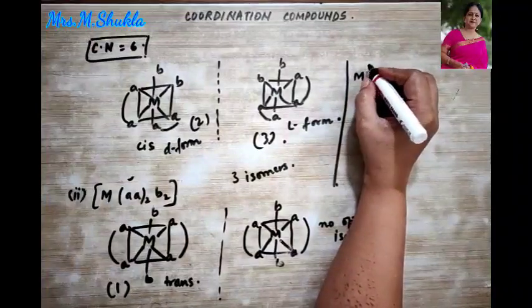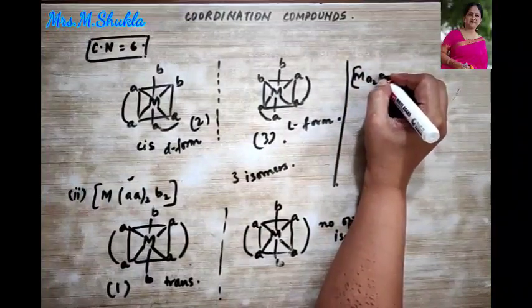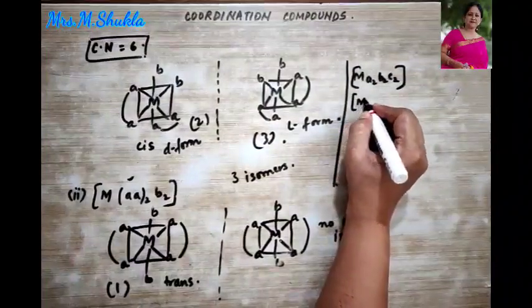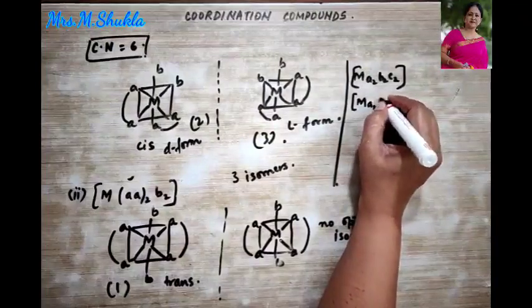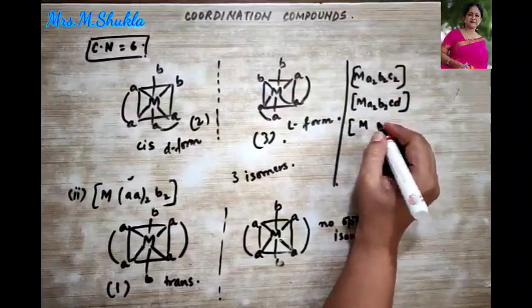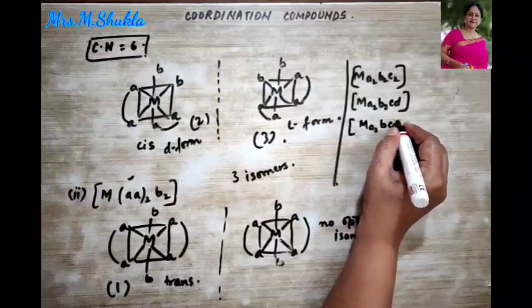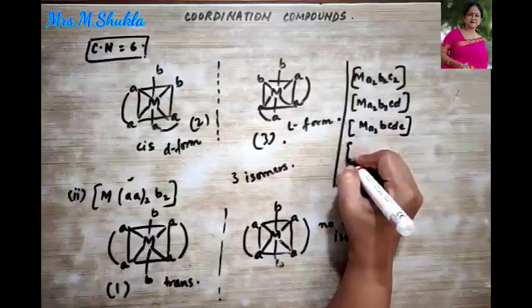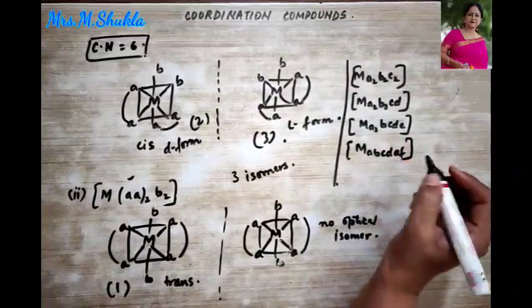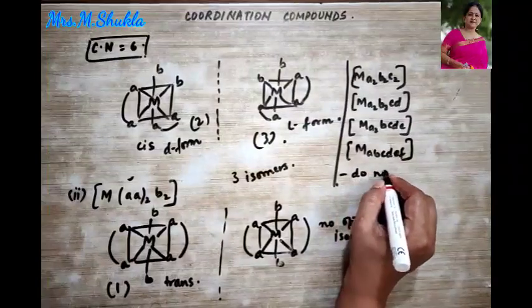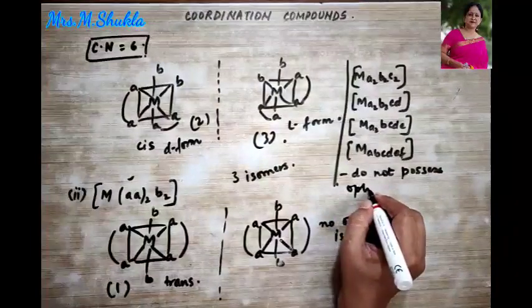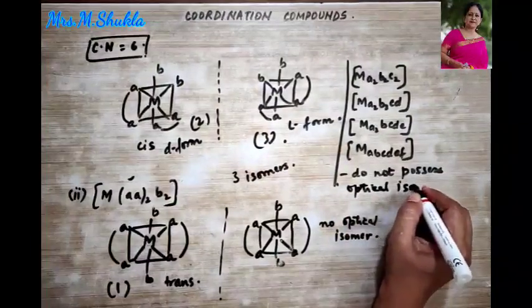Okay, M A2 B2 C2, then M A2 B2 C D, or maybe M A2 B C D E, and even M A B C D E F. They all do not possess optical isomerism.